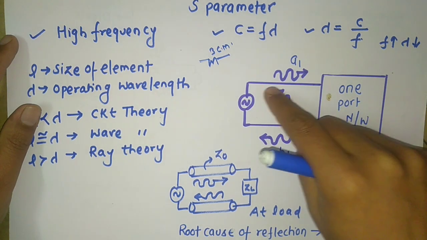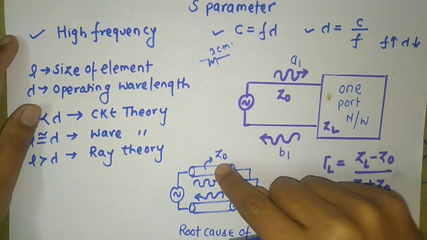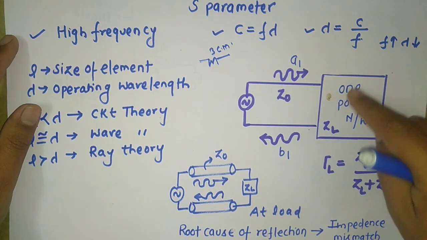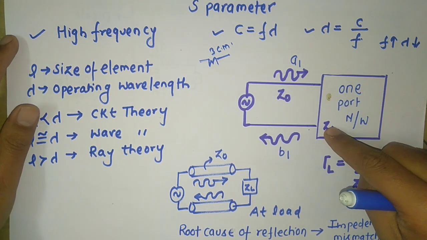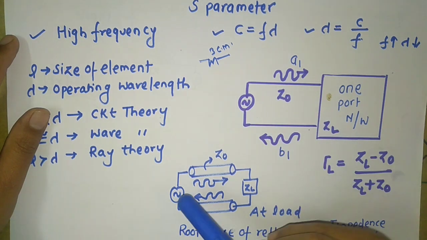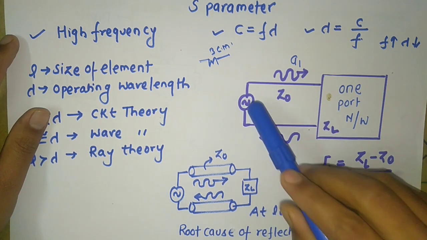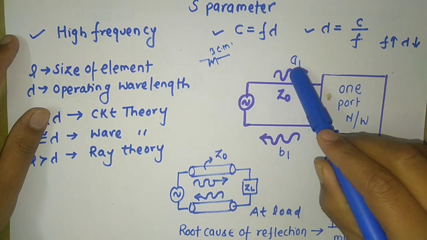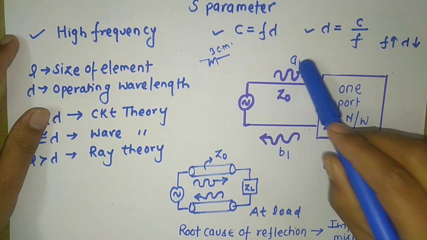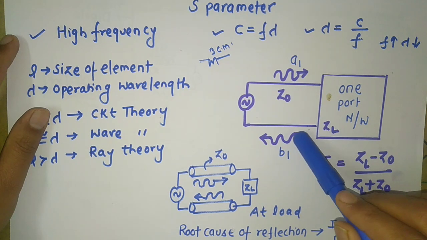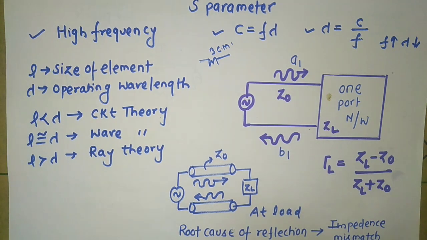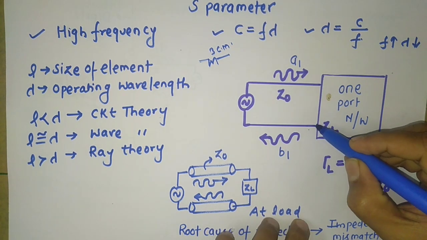This line has some characteristic impedance Z0, as well as this port is offering some impedance. A wave which travels from source to port is known as incident wave, that is A1. But you are getting some reflected wave at this point. At this point you are getting some reflection.